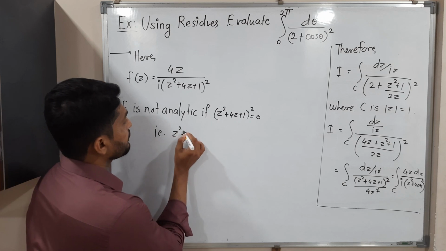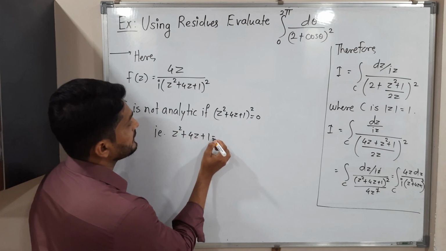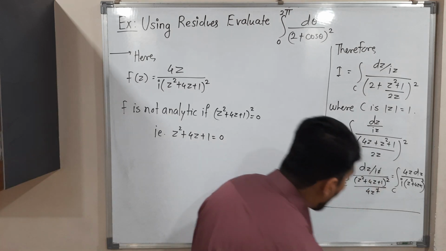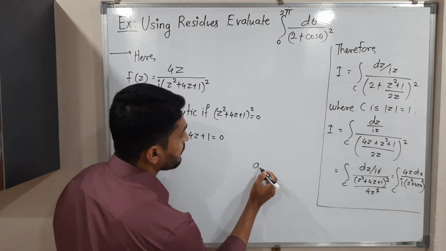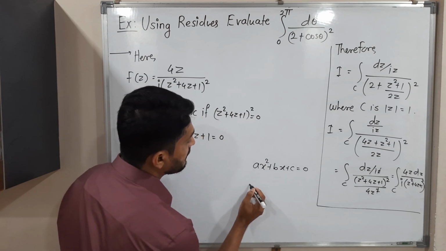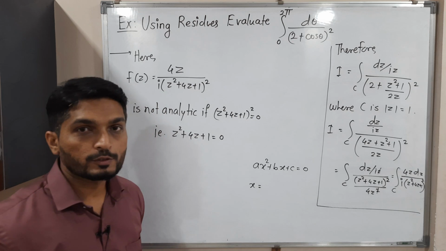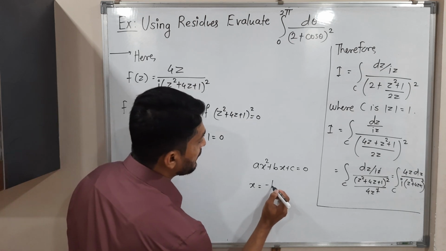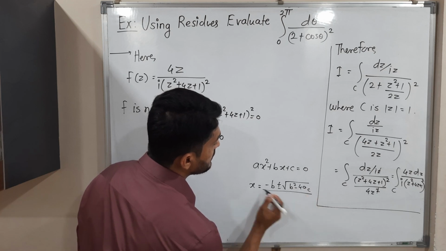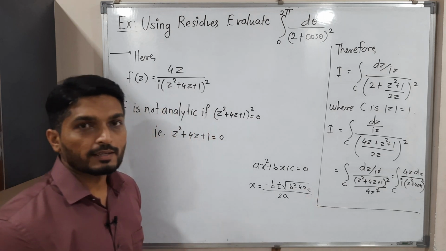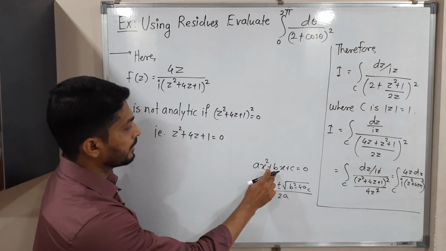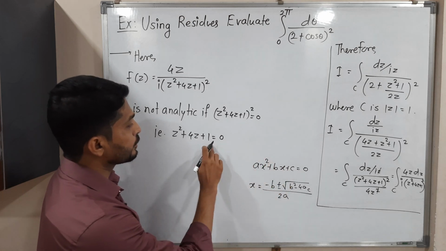z square plus 4z plus 1 is equal to 0. So this is a quadratic equation. If you have a quadratic equation like ax square plus bx plus c is equal to 0, we have a ready-made formula to find its roots. That formula is minus b plus minus root b square minus 4ac upon 2a. So the same formula I am going to use to find its roots. a is 1, b is 4, c is also 1.